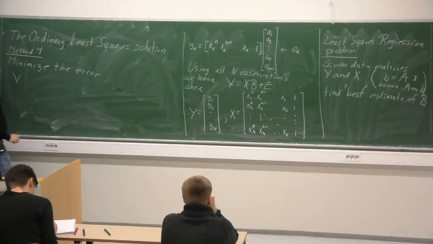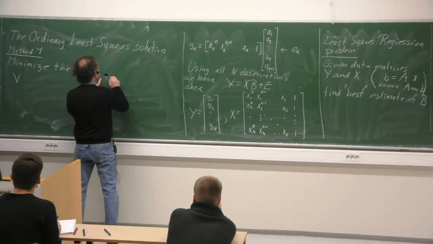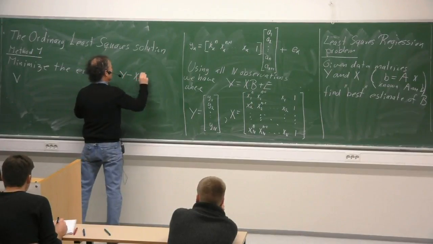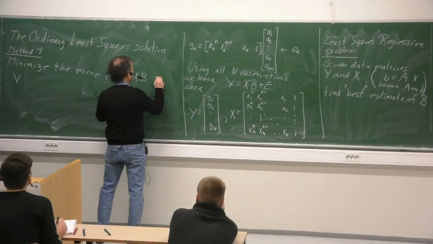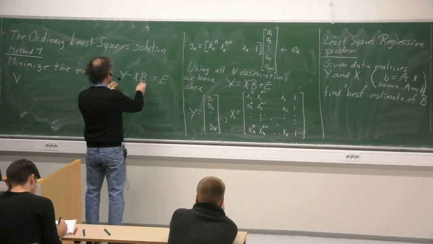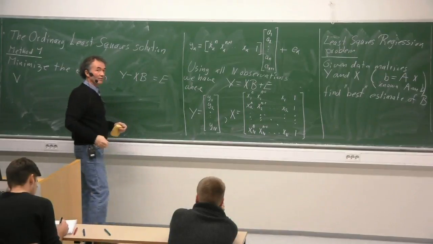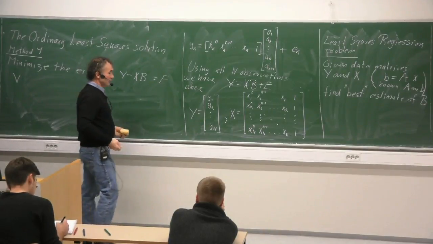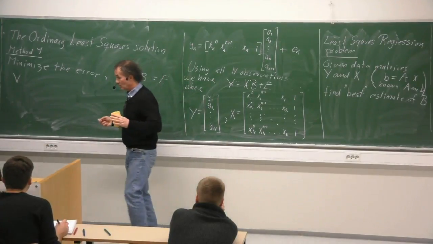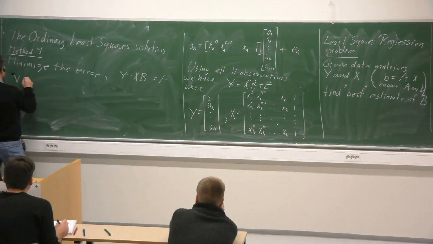Suppose that we are defining an objective, which is a function of this error y minus Xb. It also is equal to this error matrix. So, of course, this will be a vector. If y is a vector, then this error will also be a vector. And in numerical linear algebra, the size of a matrix or vector is measured very often as the Frobenius norm.